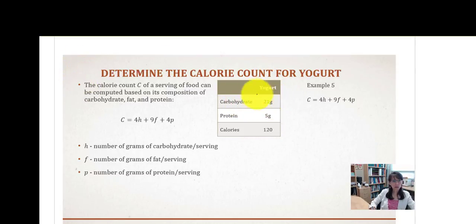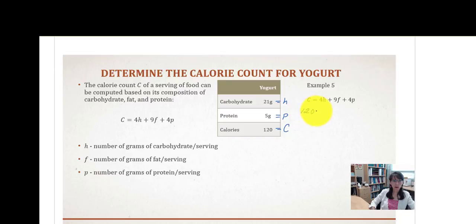So what we're looking for then, carbohydrates here, we're going to substitute 21 grams for H. Protein, 5 grams, so that is actually telling us what to substitute for P. And calories are 120. So we know the calories, or C, will be substituted with 120.